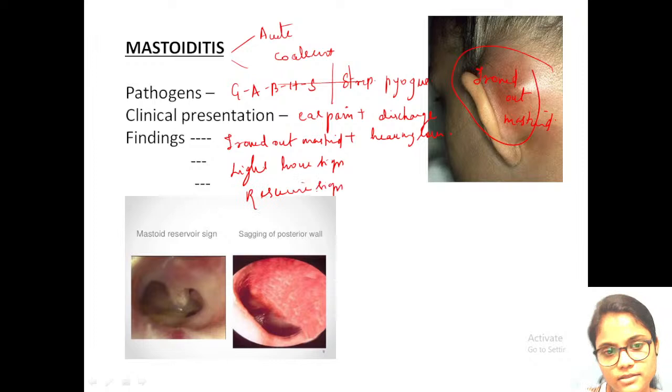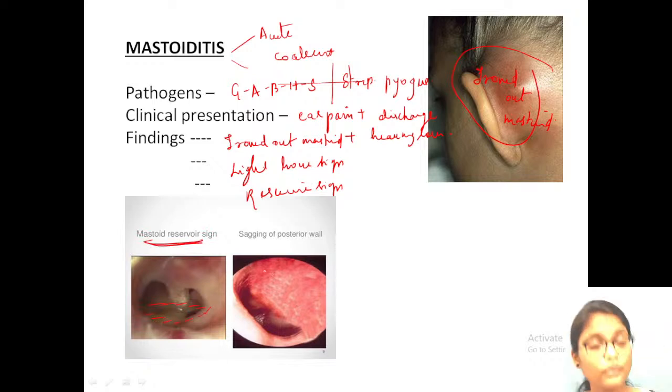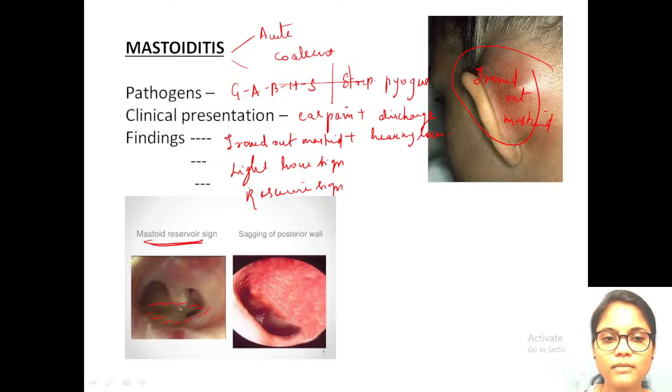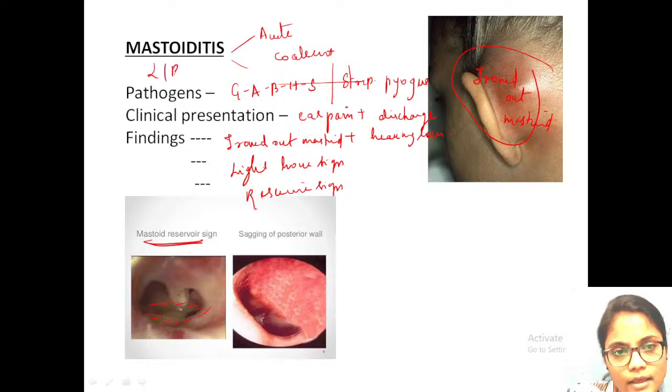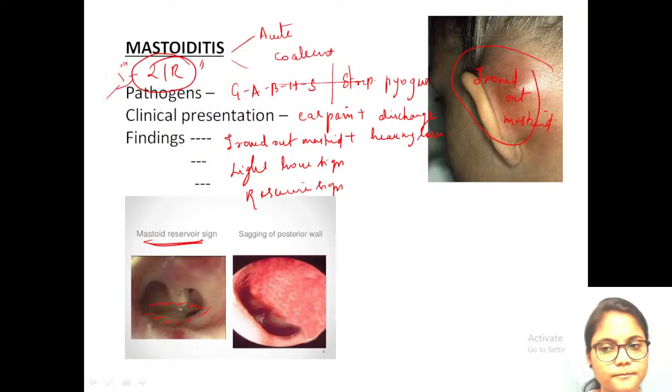Can you see this reservoir sign? The presence of liquid over here causes inflammation further because of the causative organism Streptococcus pyogenes. So these are all important. Please remember, in mastoiditis you have to remember LIR, that is your mnemonic over here. It stands for lighthouse sign, ironed out mastoid, and reservoir sign.